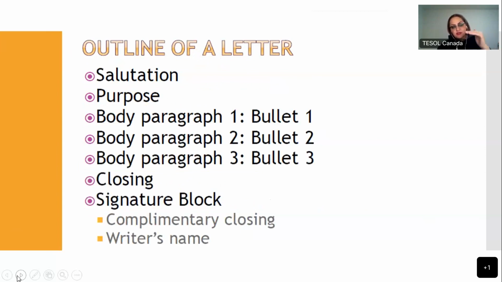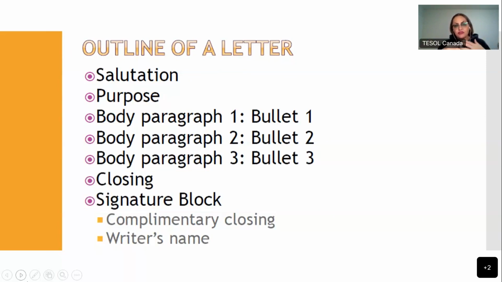And then after the salutation, you have to write the purpose, why you write this letter. Then in the next paragraph, you explain what happened or what the background is.